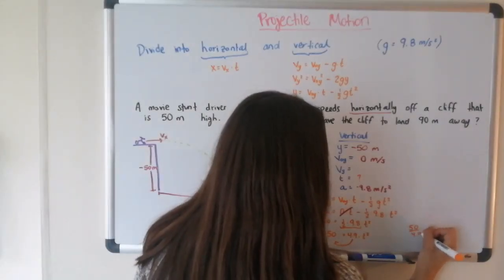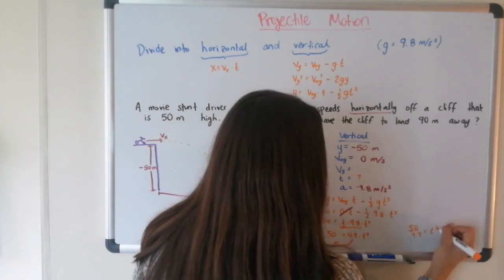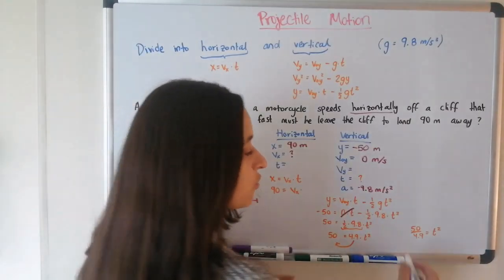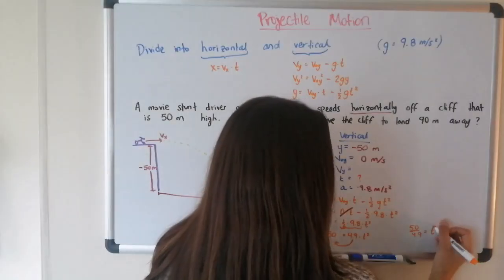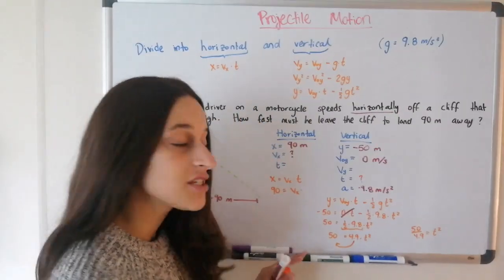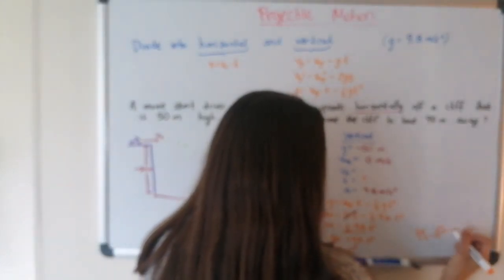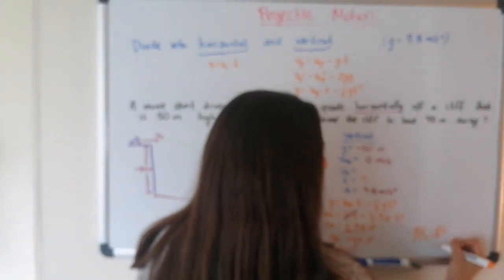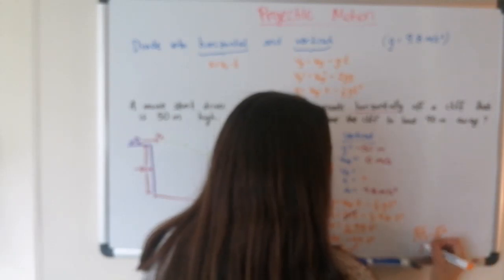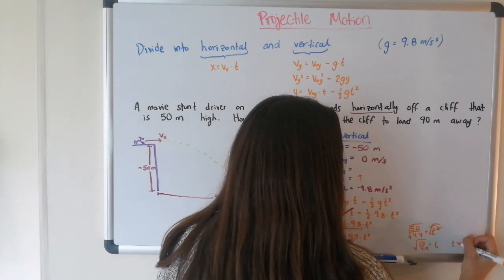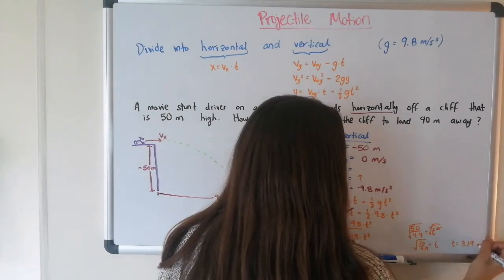So we're going to end up with 50 over 4.9 equals t squared. Now, this will give us a number. Once we have that number in the calculator, in order to solve for t, we have to take the square root on both sides. So taking the square root on the right, we'll just cancel out the squared. So we'll end up with t equals square root of 50 over 4.9, which is actually 3.19 seconds.